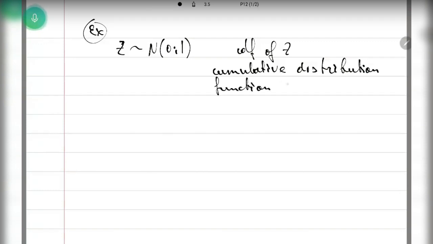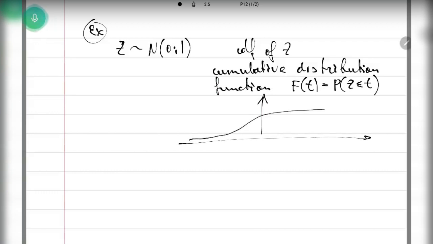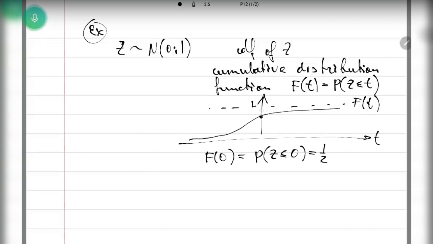That's basically just the probability that Z is less than t. So this CDF looks like this. And this is t, this is F of t. F of 0 is the probability that our random variable is less than 0. It's just 1/2 by symmetry.